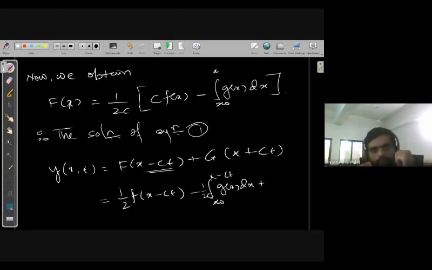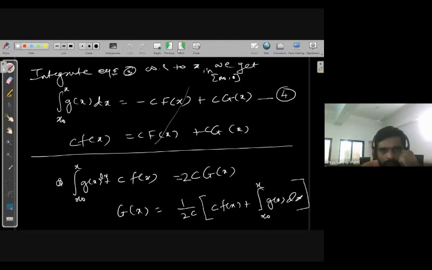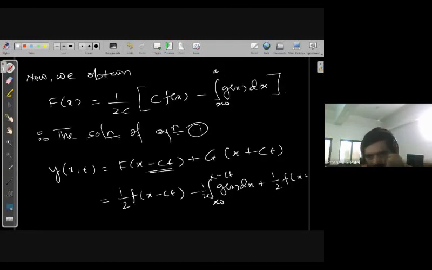Instead of x, wherever we have x, it is x minus ct. And for G it is 1 by 2 f(x), but here x is x plus ct, plus 1 by 2c times the integral from x0 to x plus ct of g(x) dx.